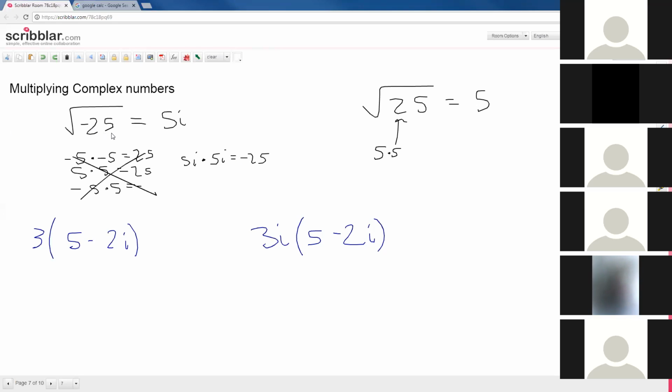So i comes from square rooting negatives, and in its most basic form, the square root of negative 1 is i. And this is important because i squared is going to equal negative 1 itself. The square root of negative 1 squared is just negative 1.